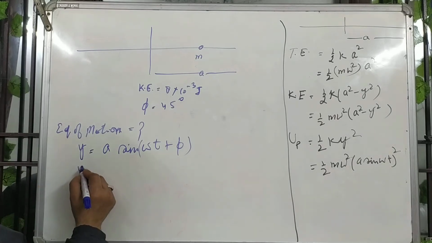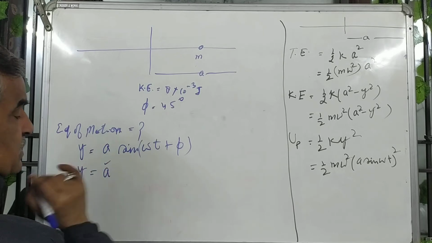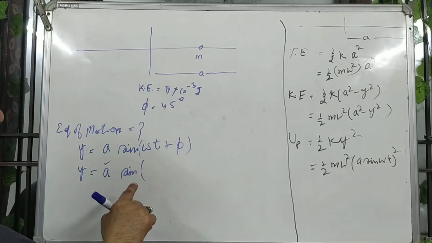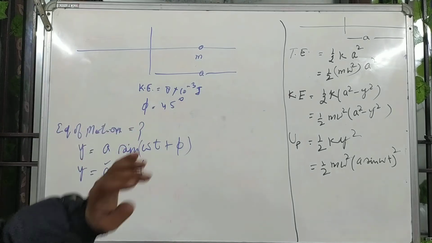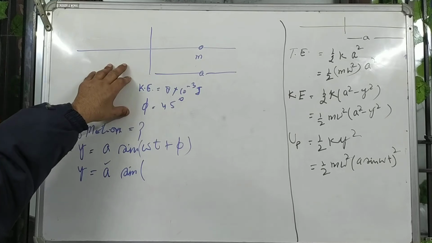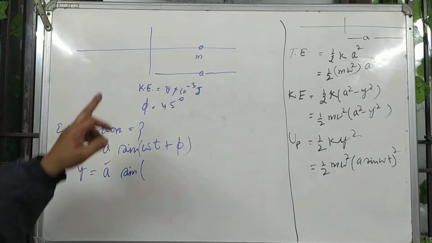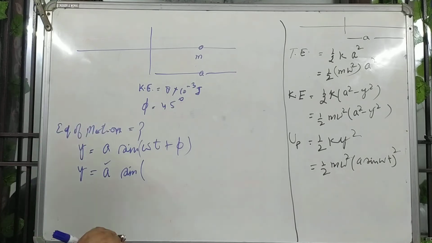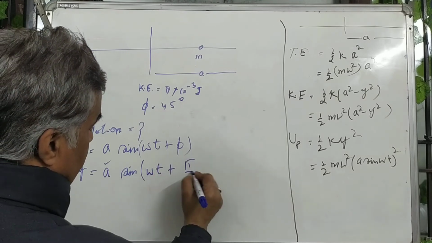So y equals A sin(omega t plus phi naught). Amplitude is given. Omega is not given, but what is given? Kinetic energy. This implies with the help of kinetic energy we will find omega. The phi naught is 45 degrees, that is pi by 4.